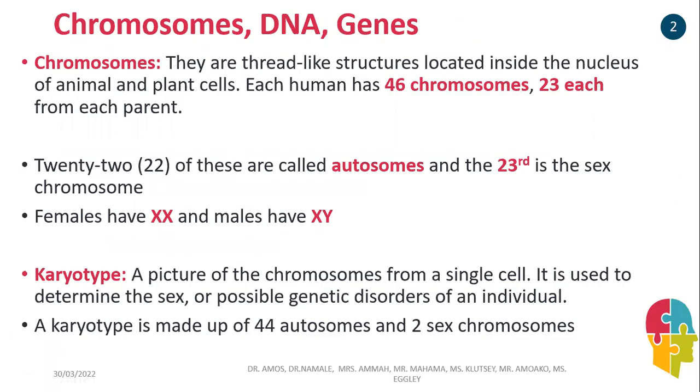So let's begin with chromosomes, DNAs, and genes. Every human being is made up of numerous cells. Now, when you take one of these cells and isolate it, it has a nucleus. From our secondary school integrated science, we know that every plant and animal cell has a nucleus.